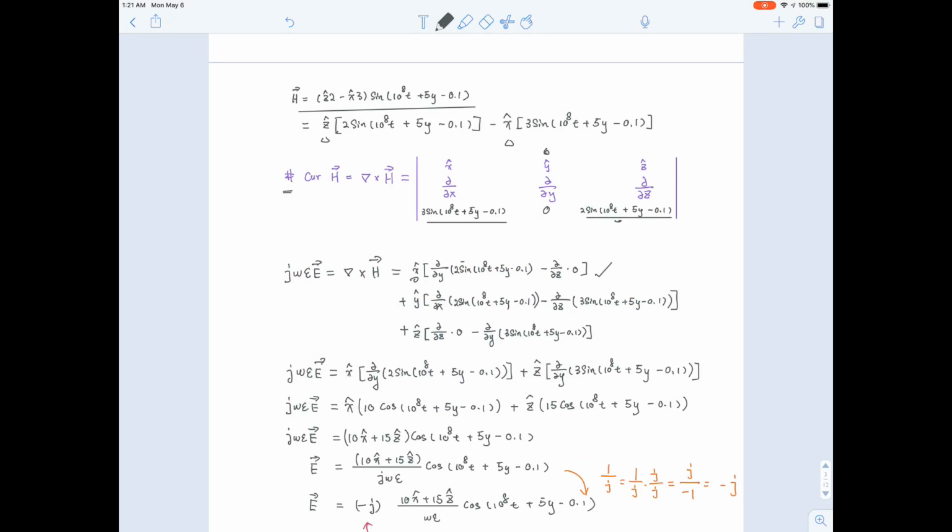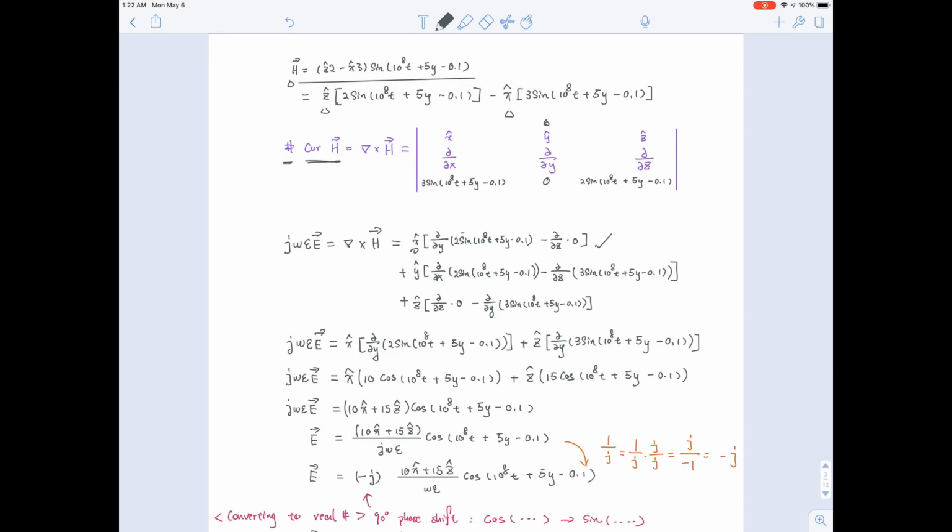Now we can start calculating the curl of H. What I would like to do is break this H field down into the x, y, and z components. We can start with the x term right here. It would just be the derivative of y on this term and the derivative of z on this term, which is 0.